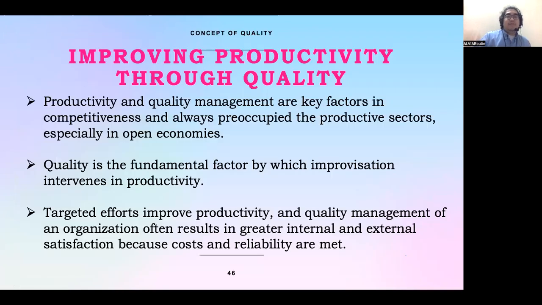So next, improving productivity through quality. Dati kung nagbi-business kayo, to improve productivity lang, ngayon kailangan nating i-improve ang product through quality. Kailangan talaga may quality lahat ng mga products natin. So productivity and quality management are key factors in competitiveness and always preoccupy the productive sectors, especially in open economies.